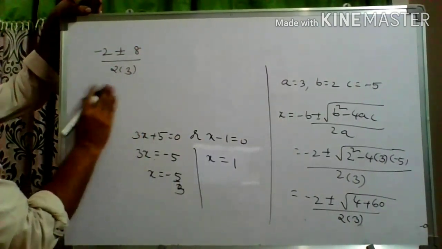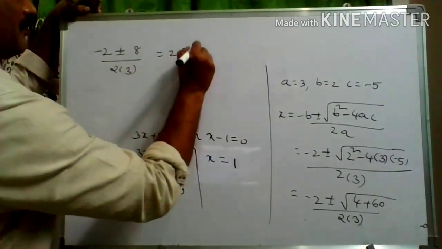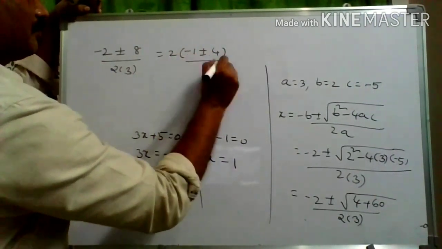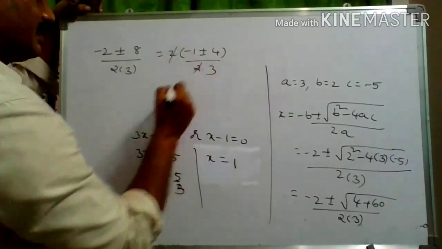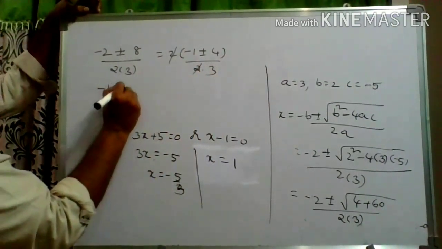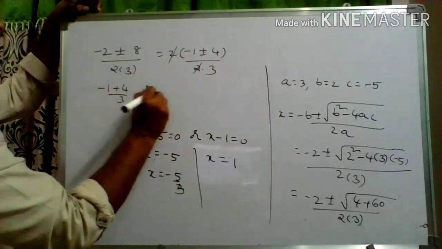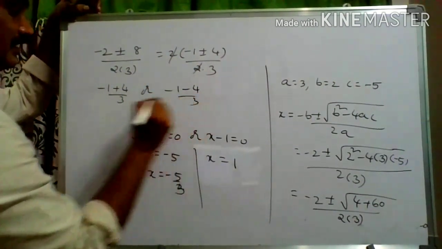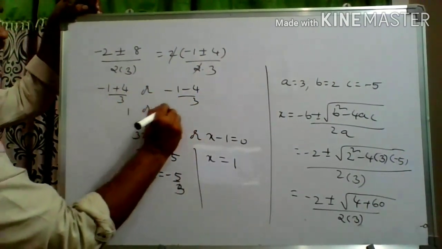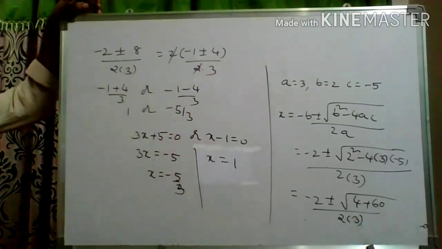Friends, taking 2 common, minus 1 plus or minus 4 by 3, the 2s get cancelled. First positive: minus 1 plus 4 by 3, or minus 1 minus 4 by 3. This is 1, or minus 5 by 3.